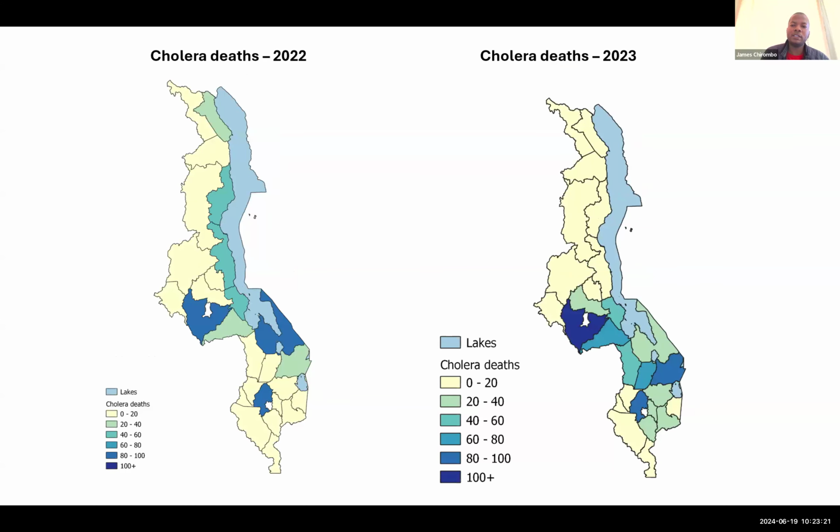You can do a similar simple analysis with the deaths. Again, we do see in 2022 quite a few deaths in the north, especially along the lake. In 2023, it has kind of shifted. The burden has gone southwards. There are some districts that are having high cases in both years.